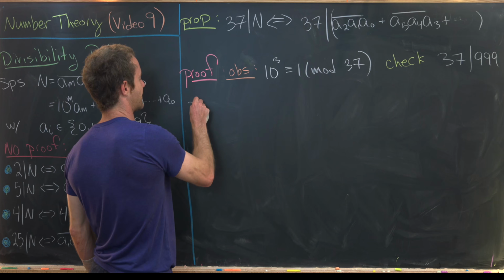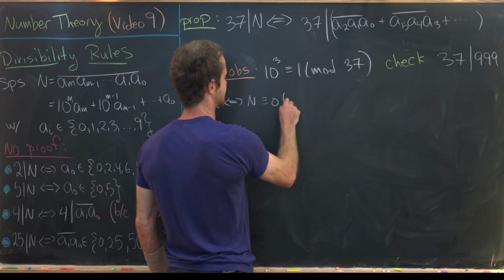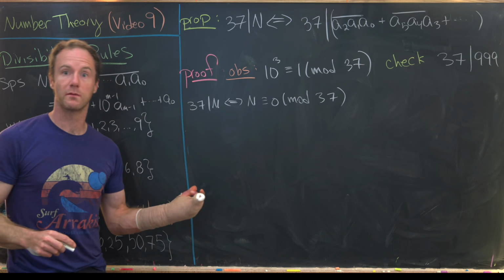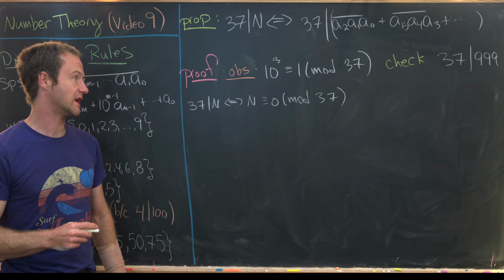So notice that 37 divides n if and only if n is congruent to 0 modulo 37. We're going to work mod 37 just like we worked mod 3, 9, or 11 as needed.